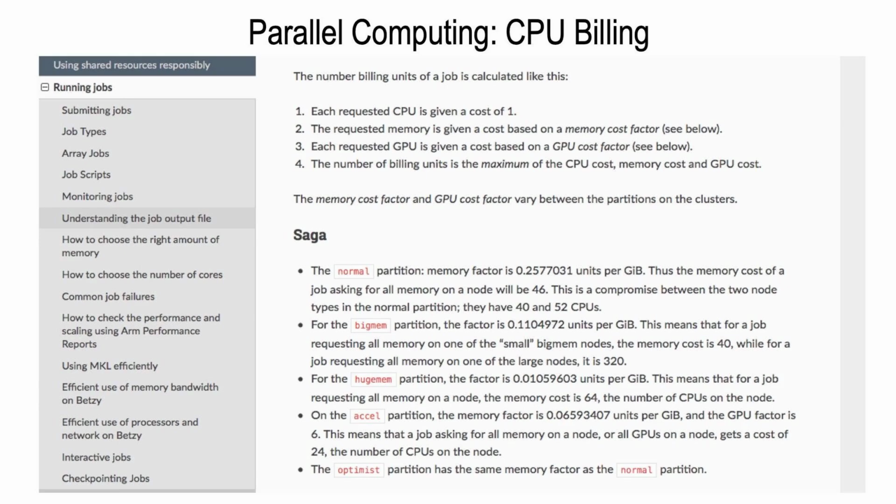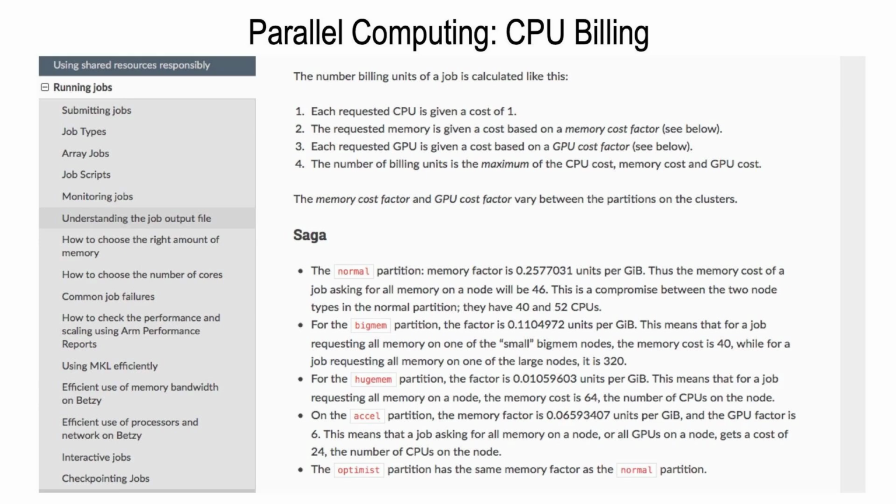Requesting more than 4 gigabytes would classify as a high memory job, while asking for less than 4 gigabytes would be considered a low memory job. It's advisable to refrain from requesting high memory jobs unless absolutely necessary. Opting for memory-balanced or low-memory jobs helps prevent the unnecessary consumption of CPU hours.